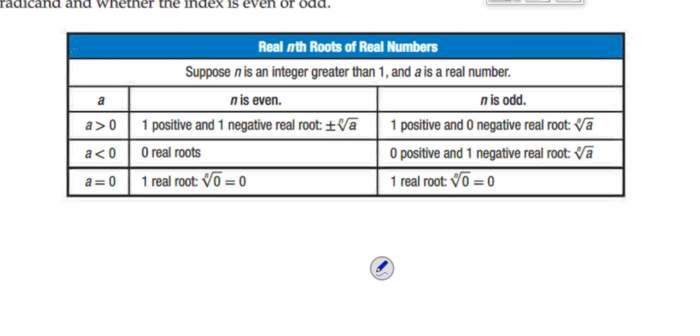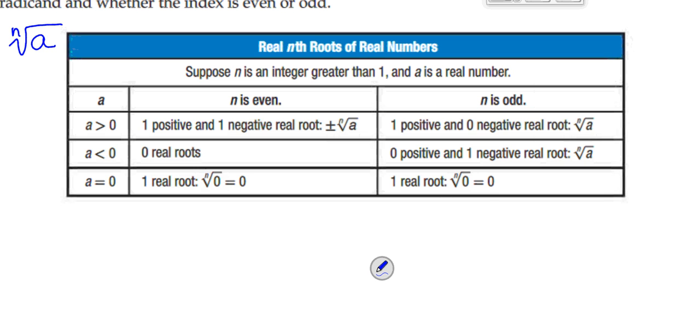So this is the nth root of real numbers. It's talking about the nth root of A. A is the number that you're putting in there. It says, suppose that n is an integer greater than 1 and A is a real number.